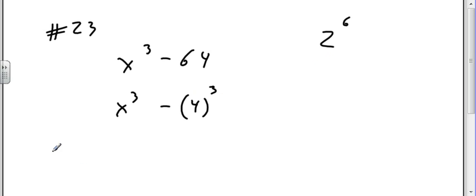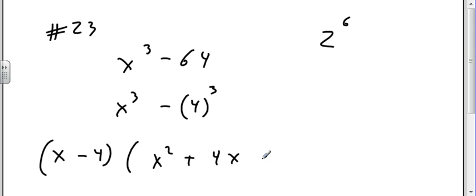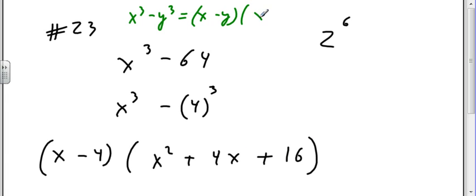All right, so I'm going to factor that: x minus 4 times x squared plus 4x plus 16. I'm using the form x cubed minus y cubed equals x minus y times x squared plus xy plus y squared. So that's all I'm doing.